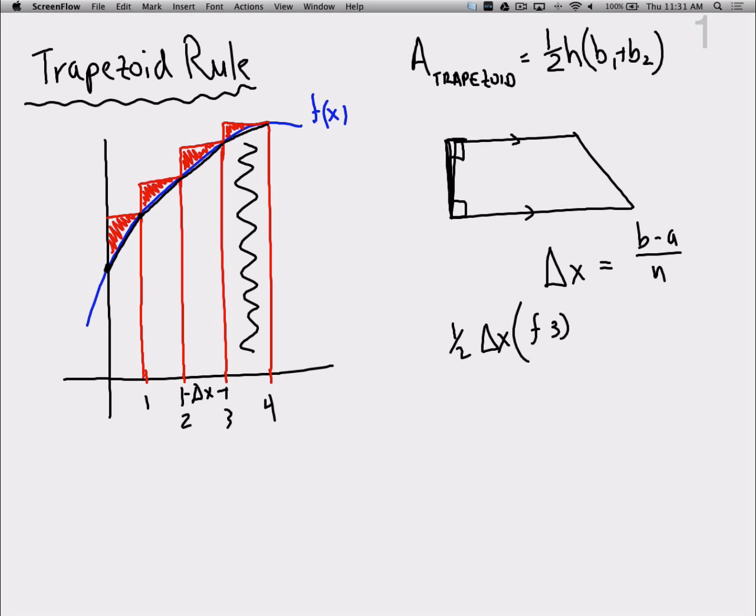Plus, what's base 2? F of 4. So that'll find the area of that last trapezoid in the picture. Just for giggles, what's the area of the first trapezoid? What's base 1? F of 0. And what's base 2? F of 1.